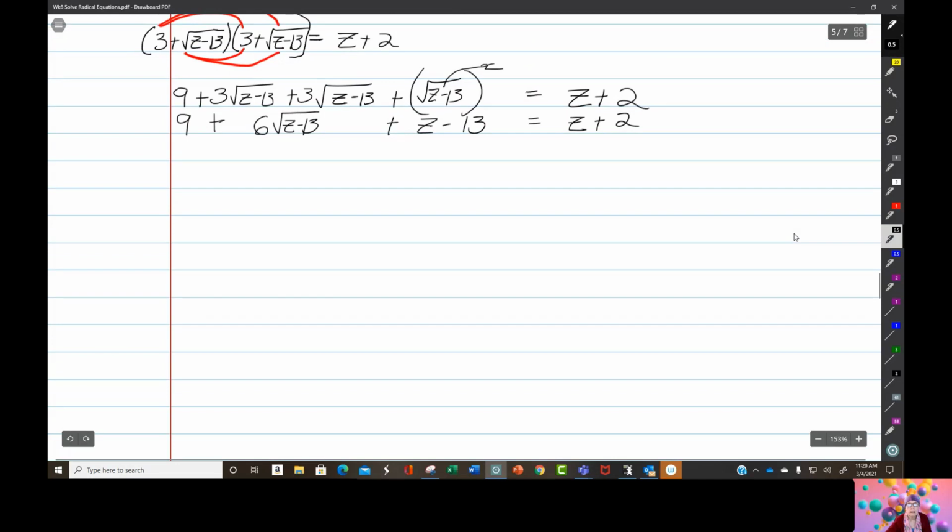Because notice that I have a 9 minus 13. What would that be? -4, right? So I will have 6 times the square root of z minus 13 plus z minus 4 equals z plus 2.